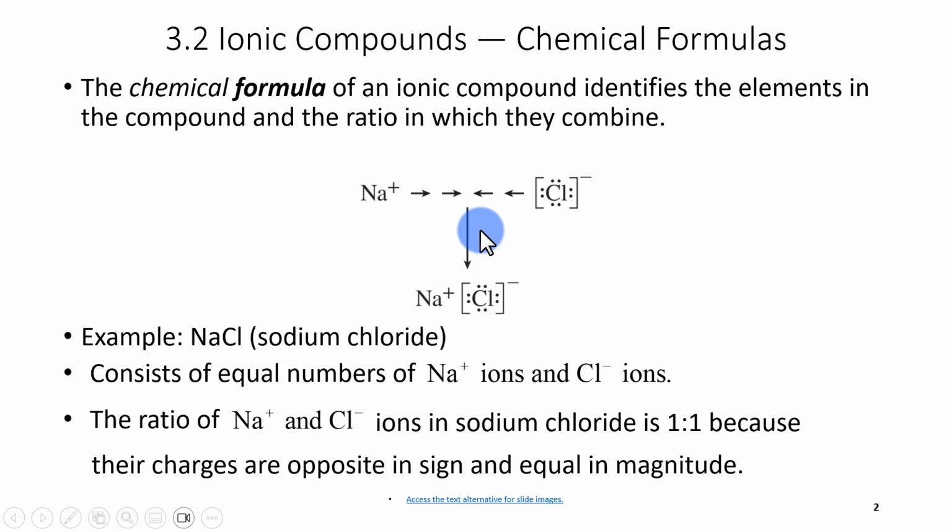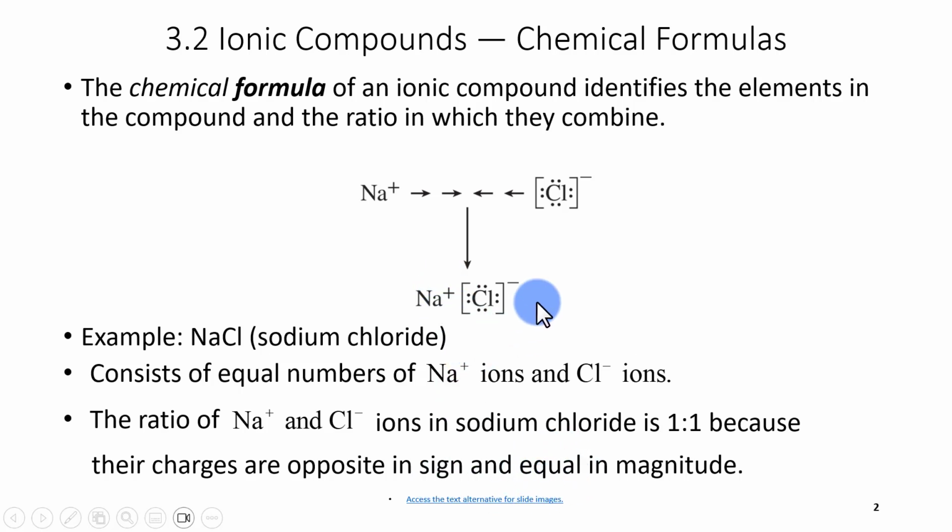Let's take a look at the compound that is formed from sodium, a cation, which is Na+, and chlorine, an anion, which is Cl minus. Obviously, these two are oppositely charged so they will be attracted to each other, and they will form an ionic bond, forming an ionic compound. This compound will have equal numbers of sodium ions and chloride ions. Why? Because their charges are opposite in sign and equal in magnitude.